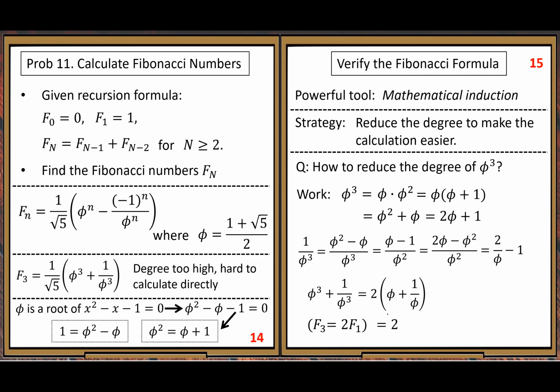Although a little tricky, I hope you can use golden ratio properties, only these two properties, in different ways. And at the end, you get the formula you want to find.